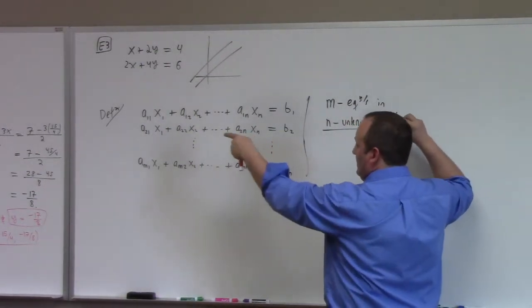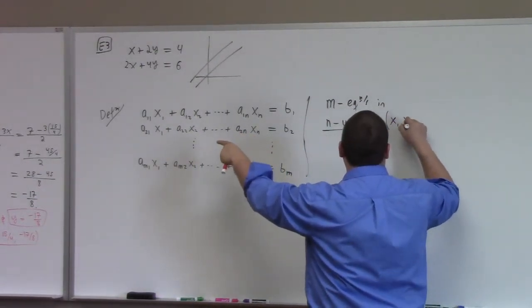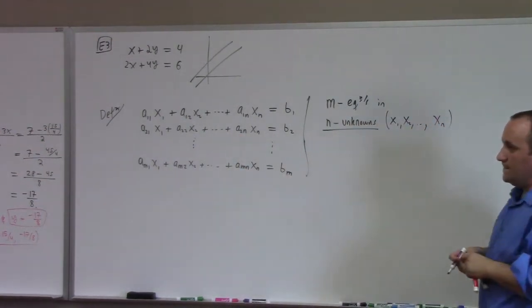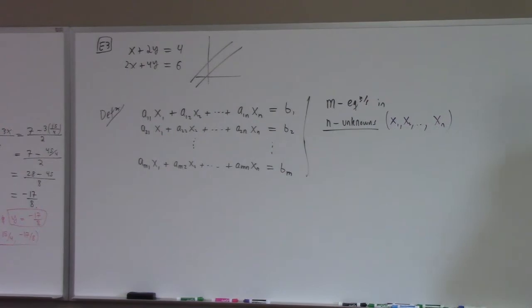In my current lingo, x1, x2, through xn. Those are the unknowns. The b1 through bm are usually called the inhomogeneous terms. If all of the b's are 0, this is called a homogeneous system of linear equations. Otherwise, it's called an inhomogeneous system of linear equations.